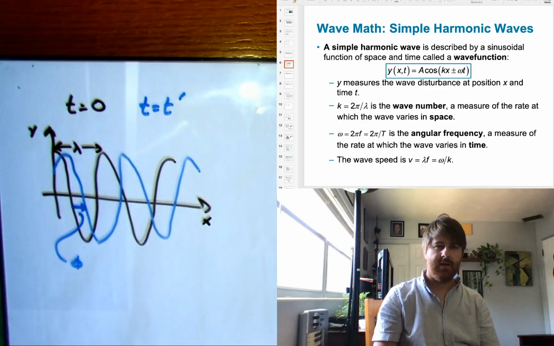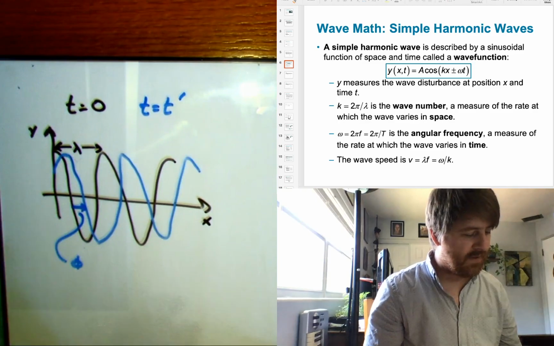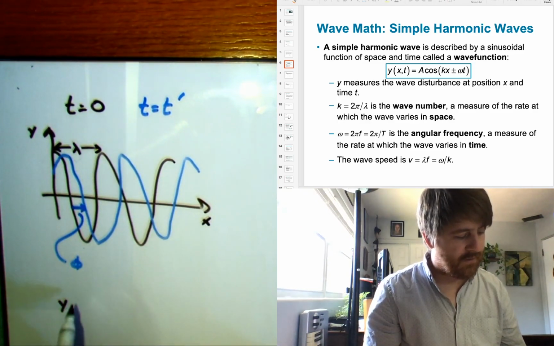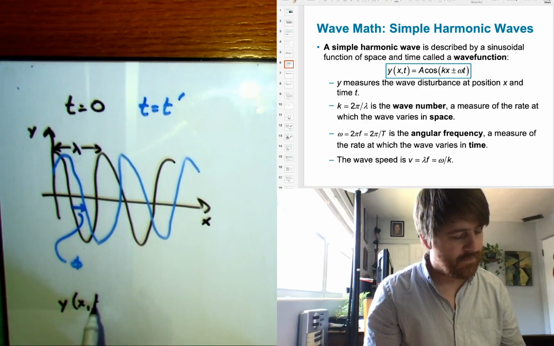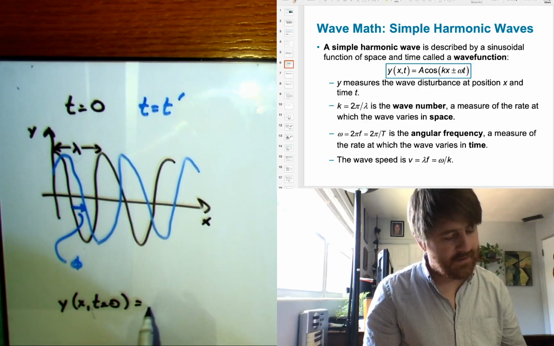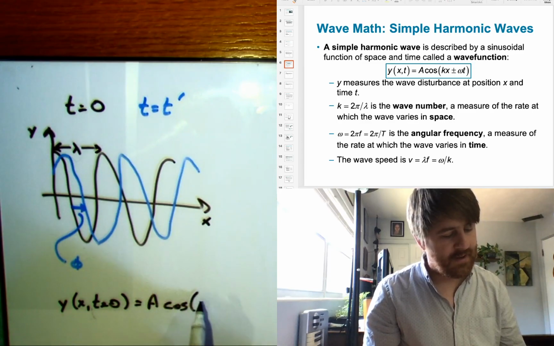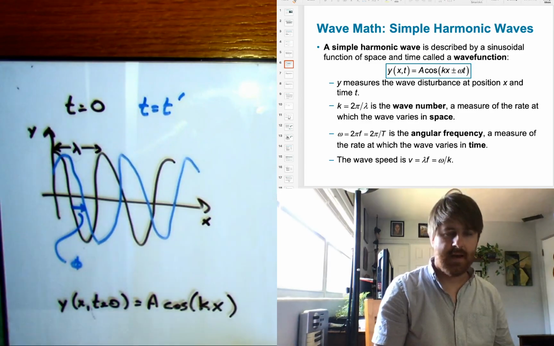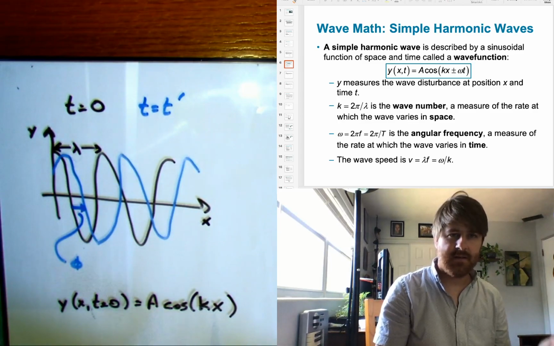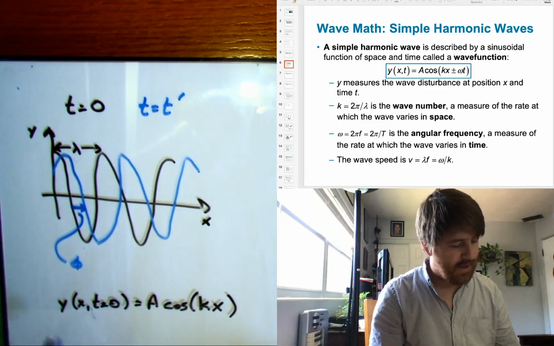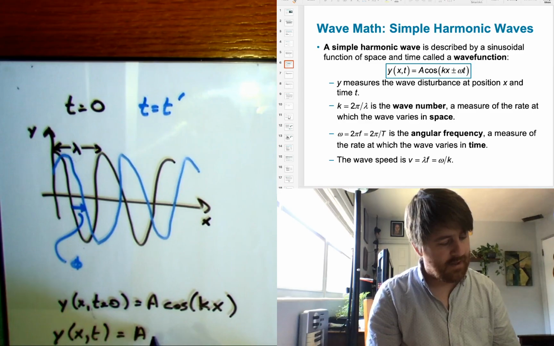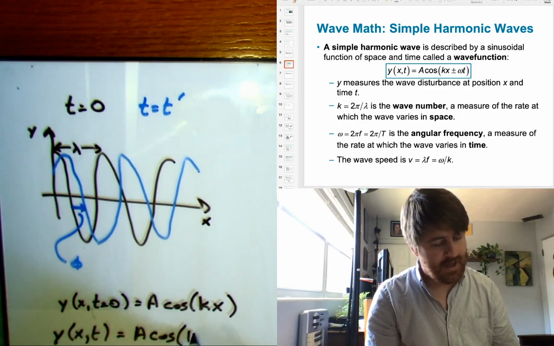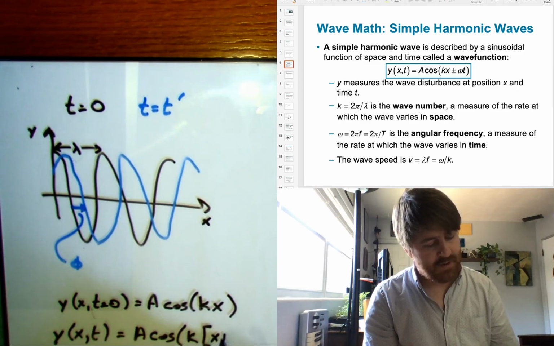Some shift that happens there, and so we could think of this as now y as a function of x at t equals 0 is a cosine k times x. And if I want to shift this to the right, then I have y of x and t equals a cosine k times x plus delta x.